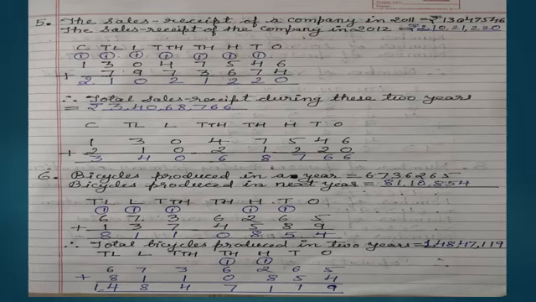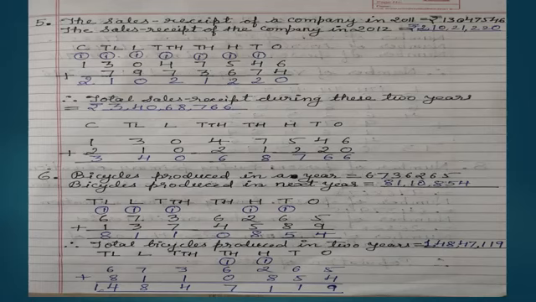So children, this is the step. The sales receipt of the company in 2011 is equal to rupees, what is given, you have to write down. For the sales receipt in 2012, we have to find the increased number by adding the numbers to the 2011 figure. So you get the desired answer.